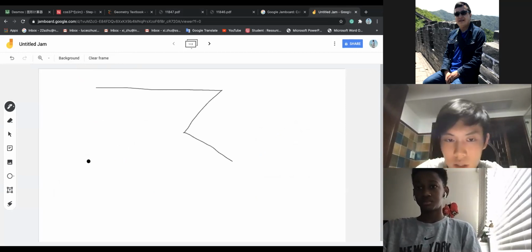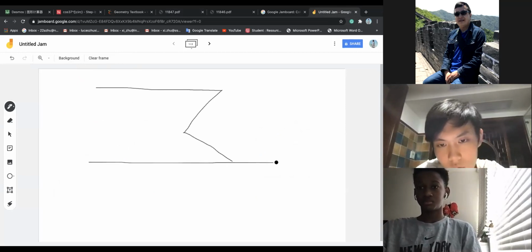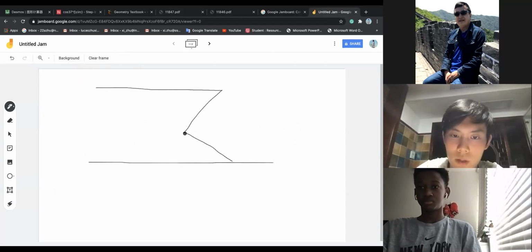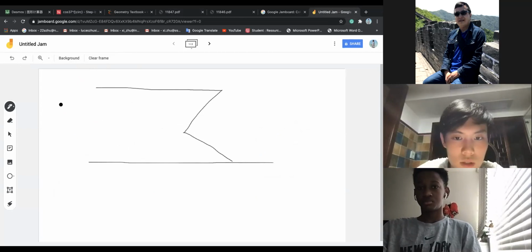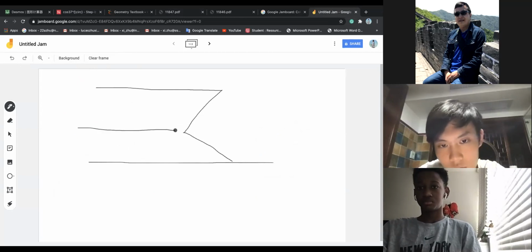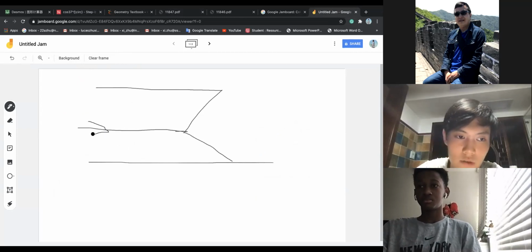So here are the angles. That doesn't matter. Just see it as a straight line, and they're parallel. Remember, this is the sign for parallel lines. If you draw little angle marks over here, it means they're parallel to each other.